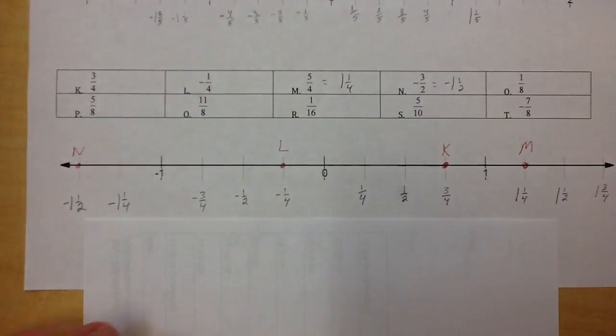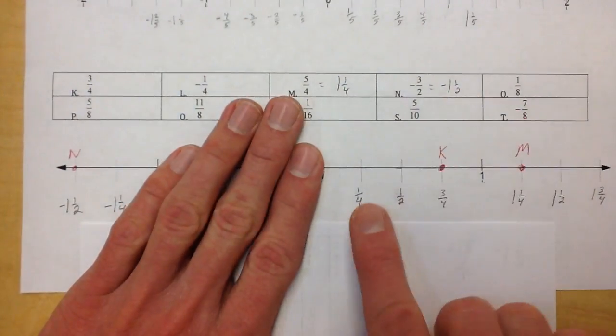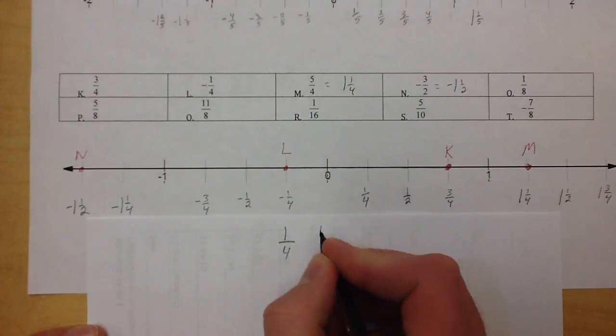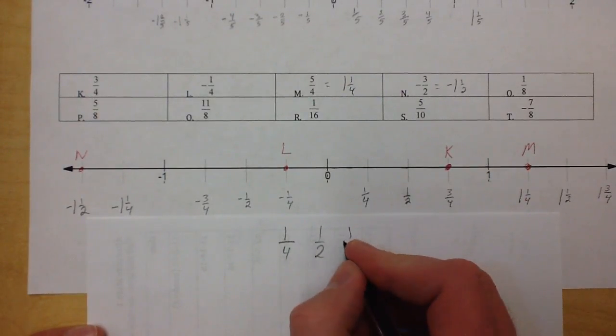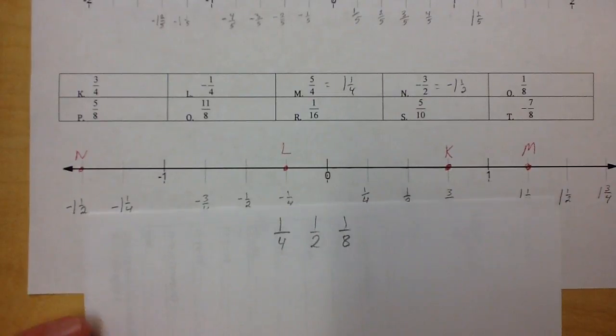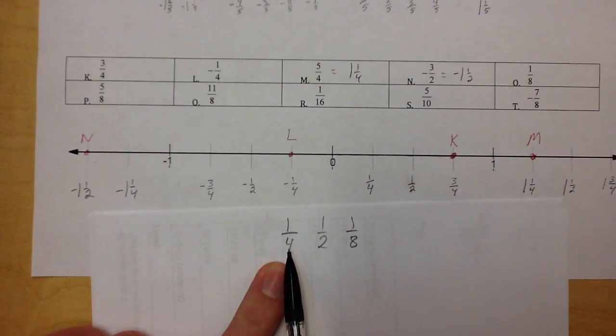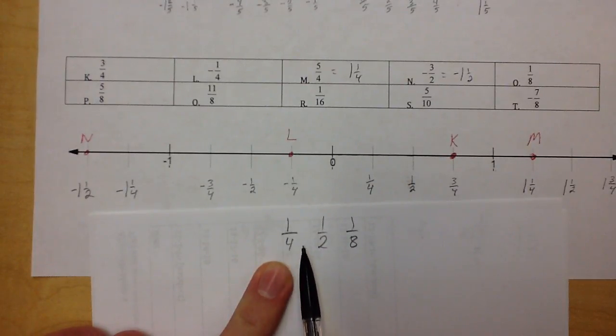I'm going to rank, just picking some, 1/4, 1/2, and 1/8. Let's put them in order. I need a common denominator. The common denominator is, let's see, what does 4 go into that 2 goes into? Well, 4. What about 8?